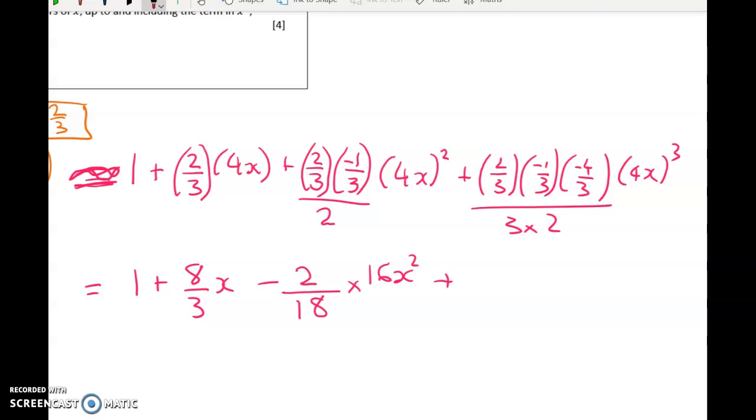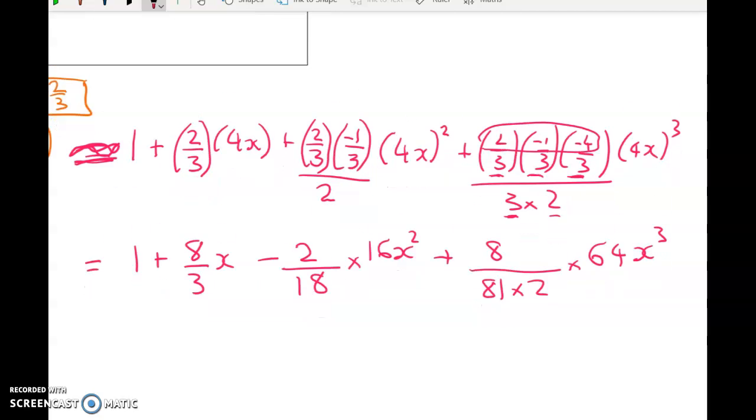I'm doing this by hand. I know some of you will be doing it with your calculator, but some of you are still making silly mistakes with these. So we've got plus 8 from these ones, divided by 81 times 2, and here I've got 64x cubed.